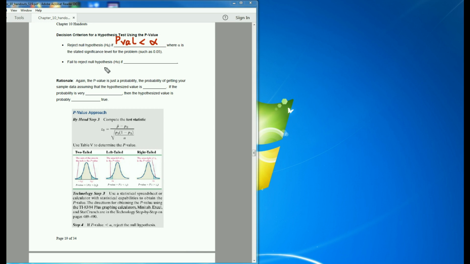You're going to fail to reject if your p-value is greater than or equal to alpha. Okay?